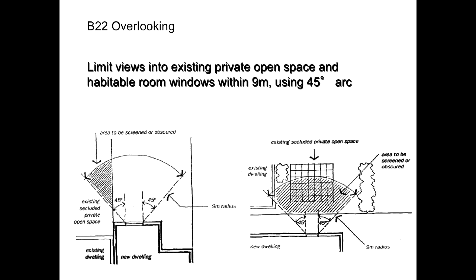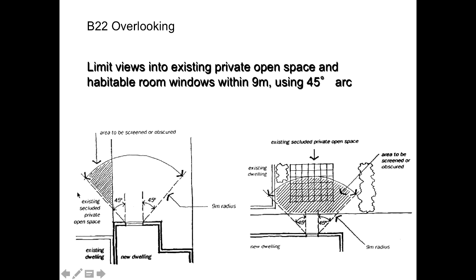Overlooking is another big one, and this is often where people feel it very personally in their yard, in their living room, etc. So you can see here the test that's being applied: here's a new dwelling. This guy lives next door, and he thinks that he's going to lose amenity here.